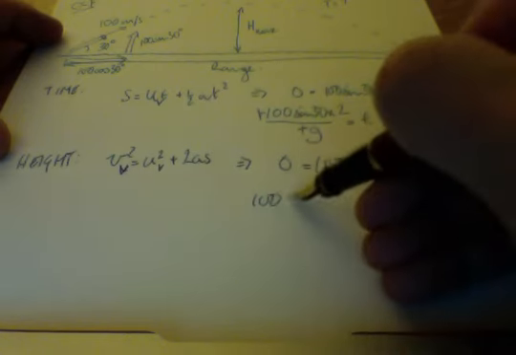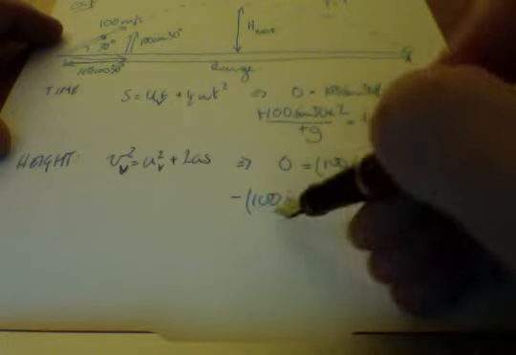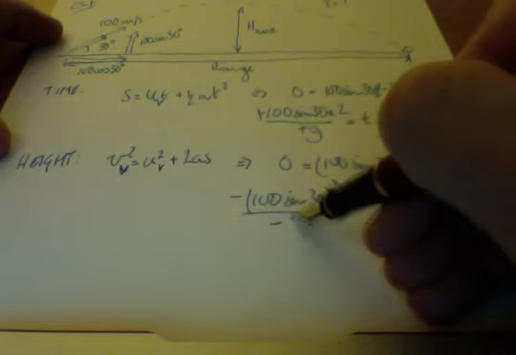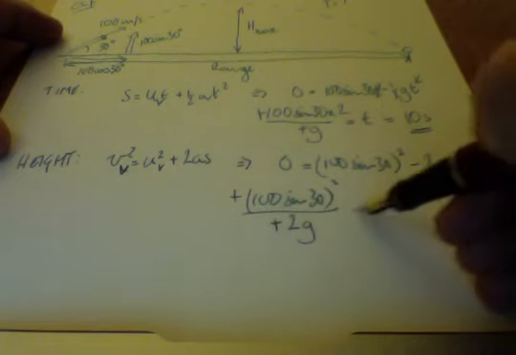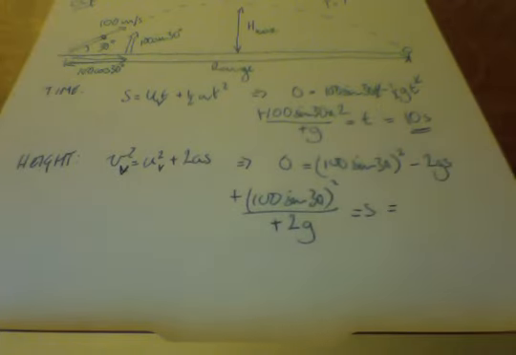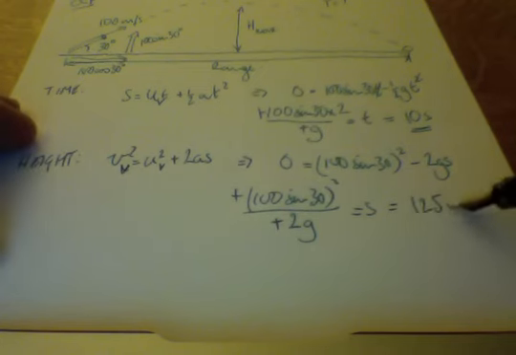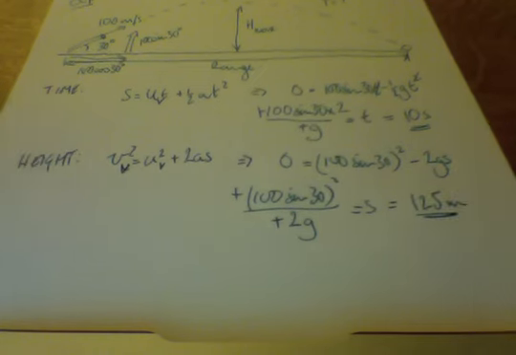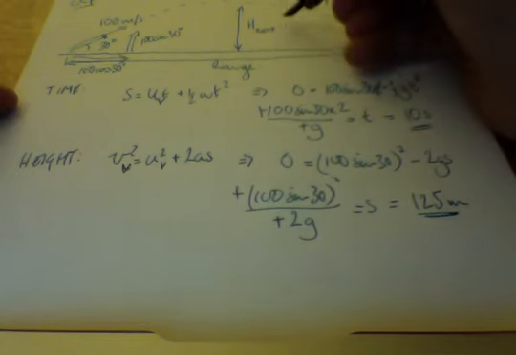So it's 100 sine 30 squared, I've moved it across, but divide that by minus 2g, gives me a plus, which is s. 50 squared over 20 should give me 125 meters. That's how high it's gone.